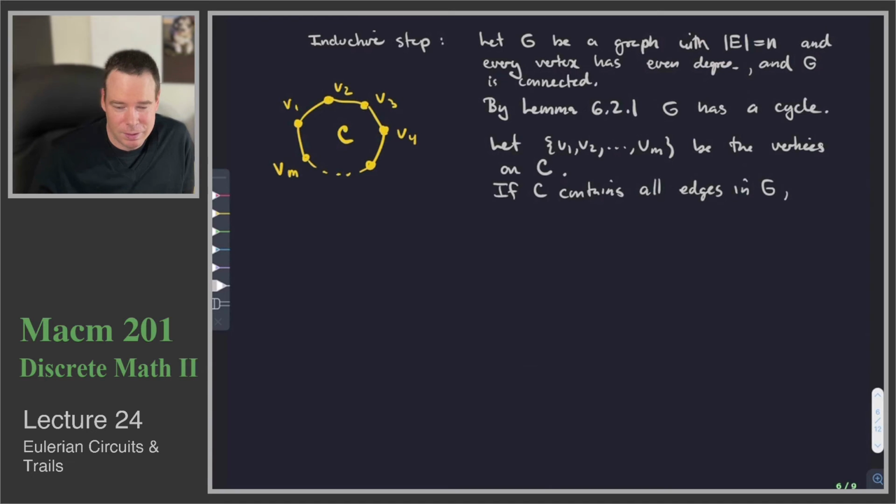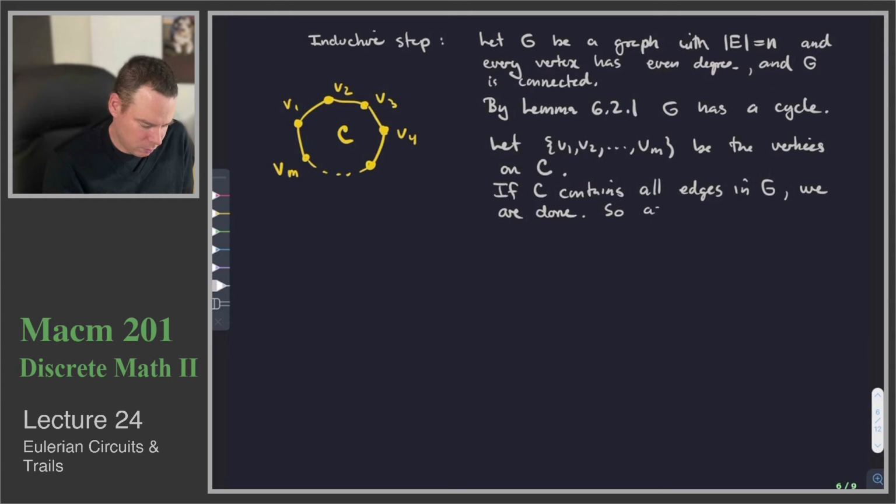Because it is a cycle that contains all the edges in the graph. A cycle is, by definition, also a circuit. Cycles are specific kinds of circuits. And so what we have found is then an Euler circuit. So if C contains all edges in G, we are done. We've found an Euler circuit.